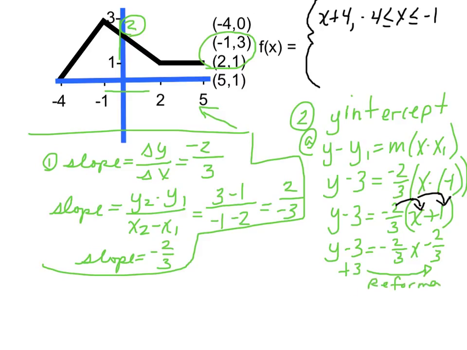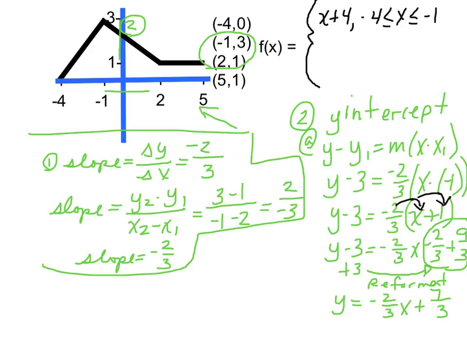So I'm going to reformat that 3 into 9 over 3 because 9 divided by 3 is 3. And now I have a common denominator so I can add these two together. If I do that, I'm going to have y is equal to negative 2/3 x plus 7/3, and that is my second line segment equation.